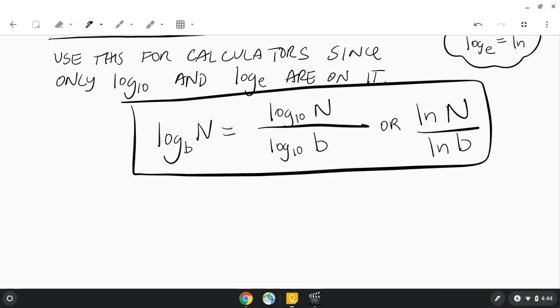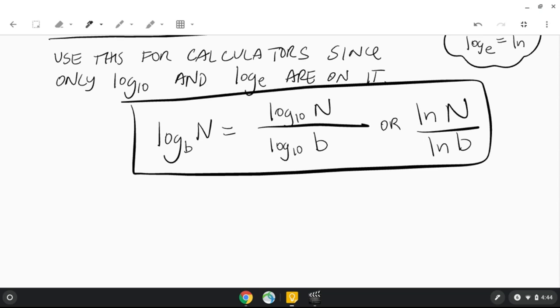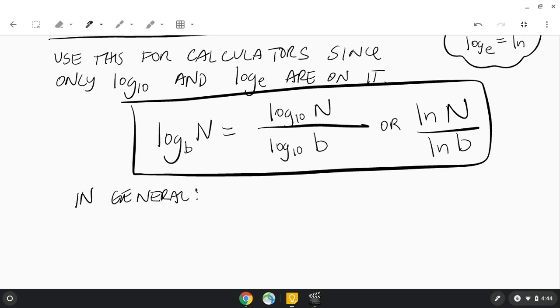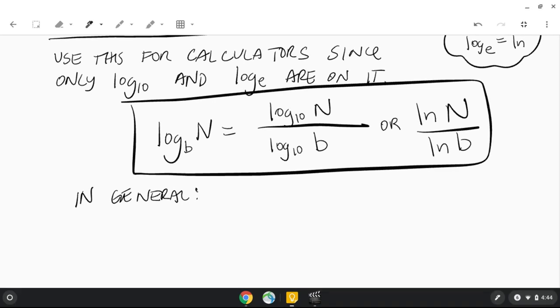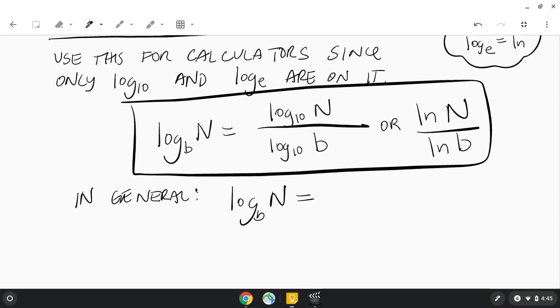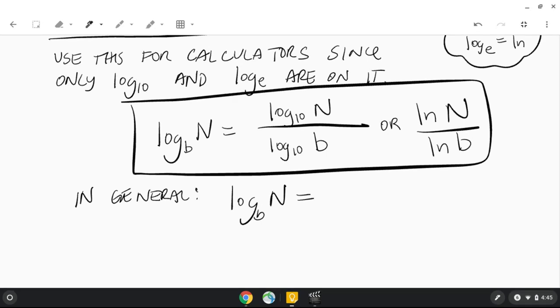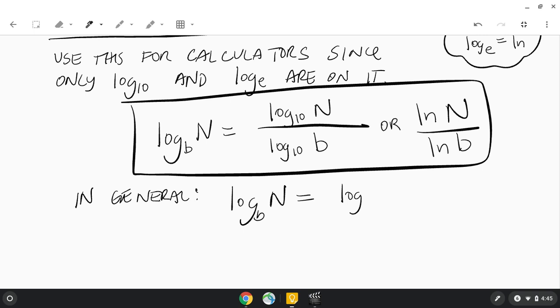But in general, what it's saying is that if you are taking the log and you have some base, you can change your base. That's why this is called the change of base formula. You can change it to any base you want. So I'll call it A, any base you want.